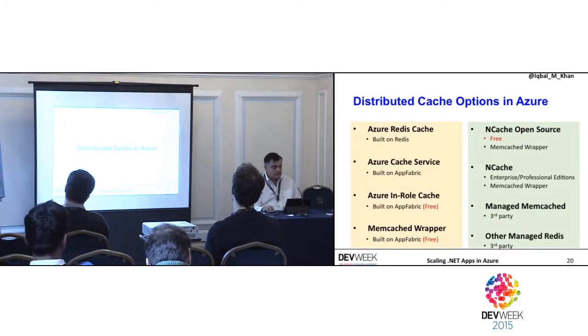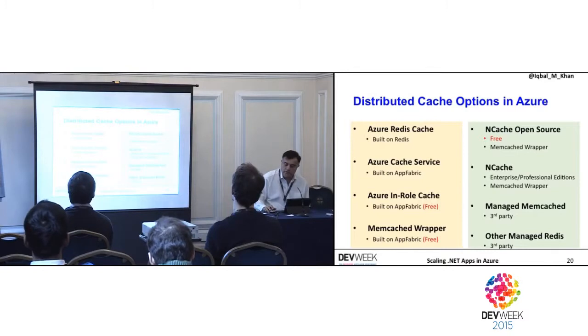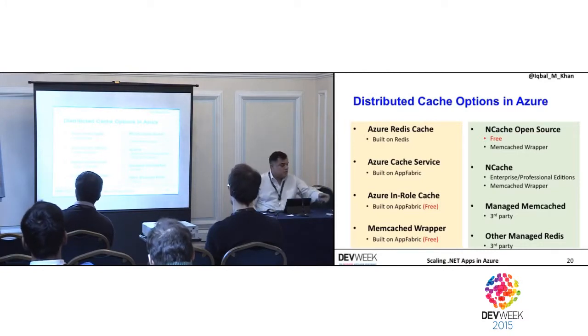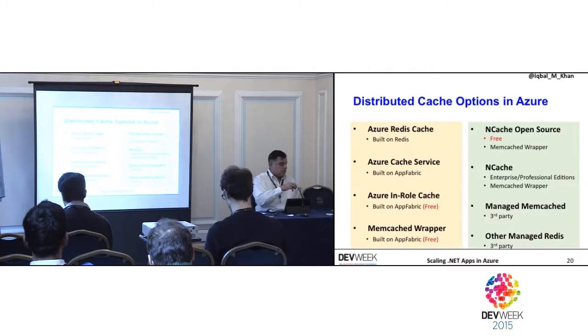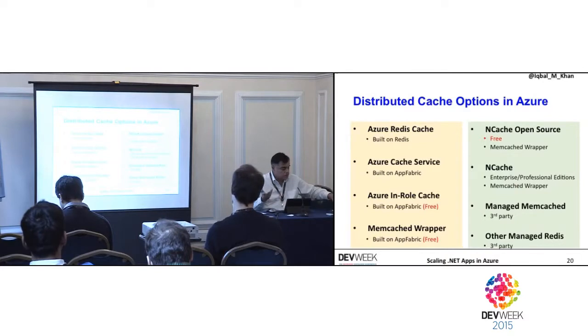Okay, so now let's come to Azure. If you're developing an application or deploying it in Azure, and you want to use a distributed cache, or let's say you should use a distributed cache, what are your options? And I'm talking mainly from a .NET perspective.